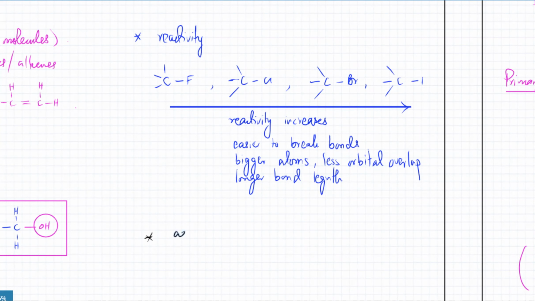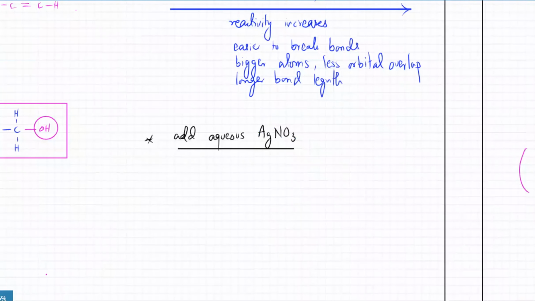So if you add aqueous silver nitrate, AgNO3, that's the standard test. If the solution has Cl- ions, it's going to give you a white precipitate.